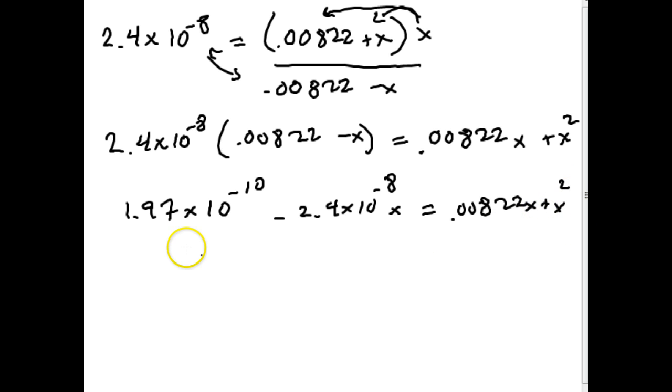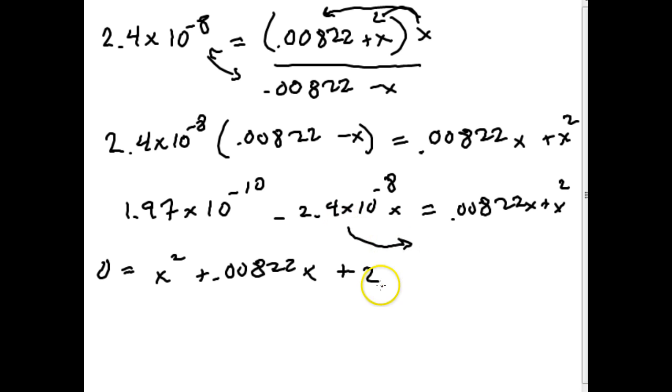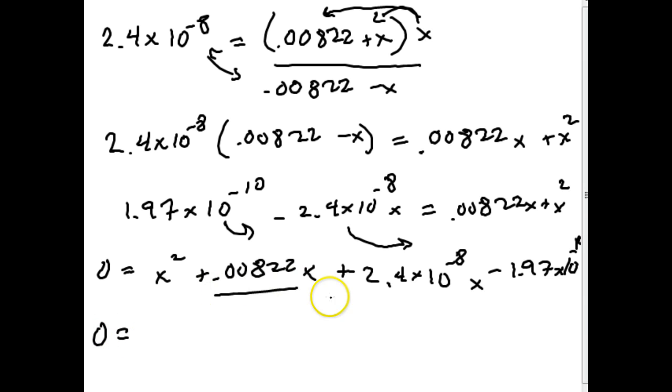You like my little song, Sammie? Okay. 0 equals x squared plus 0.00822x plus, I'm bringing this one over to the other side, 2.4 times 10 to the minus 8x. I'm bringing that one to the other side, minus 1.97 times 10 to the minus 10. I'm going to combine this x and this x.